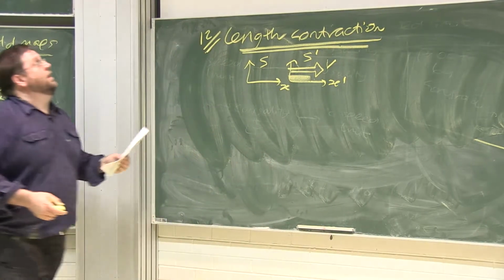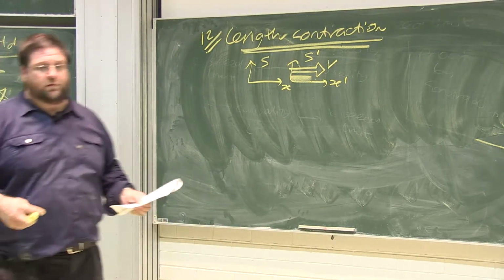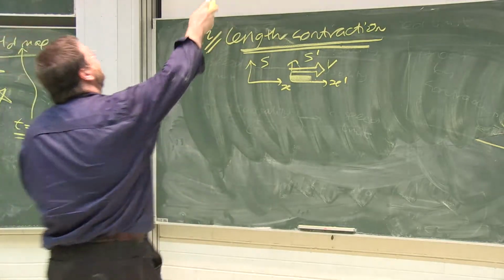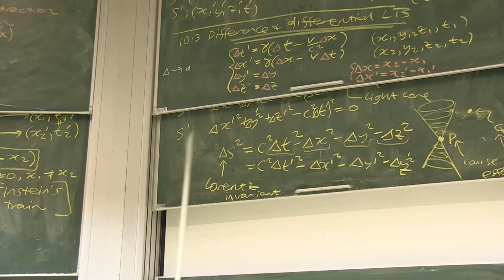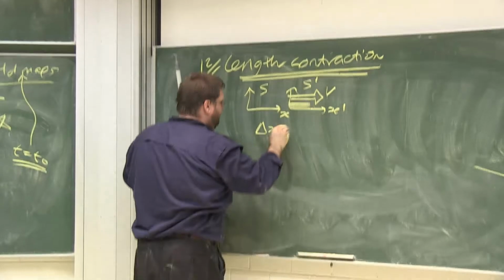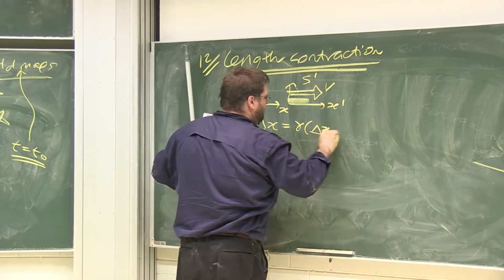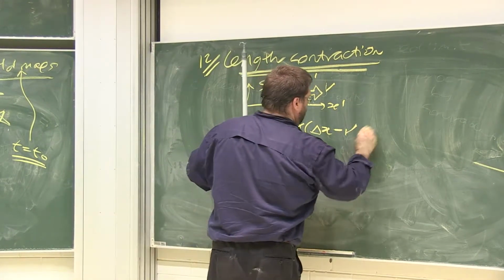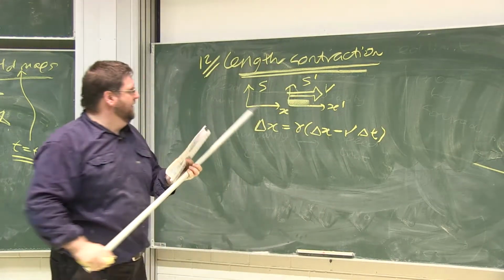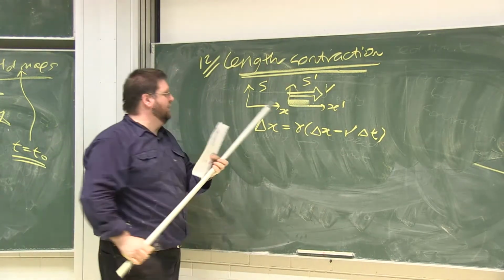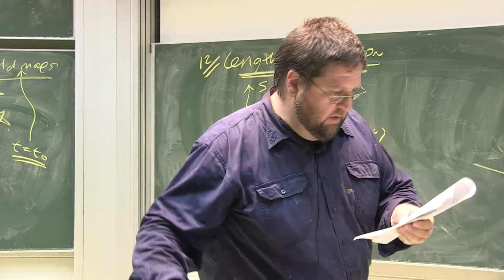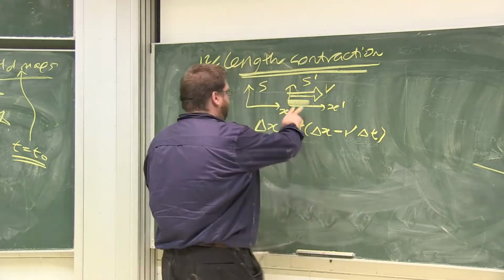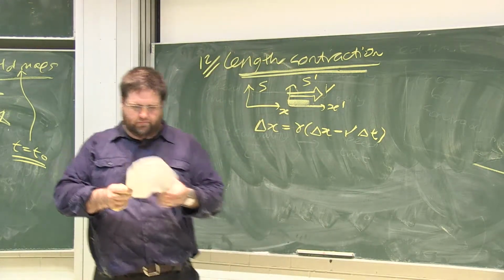Fair enough. Now I'm going to begin with the difference form of the Lorentz transformation equation here. So delta x prime equals gamma, etc. So we have two events. And those two events are going to be associated with the click that occurs at each end of this ruler. So this, as far as S is concerned, is a flying ruler.